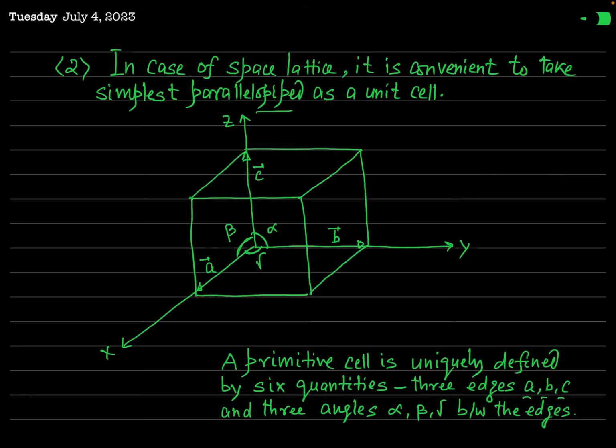Now, we will again talk about the primitive and non-primitive unit cell in this case. Okay. But before that, if the sides of this parallelopiped are represented by the vectors A, B and C, what will be the minimum volume of this unit cell?